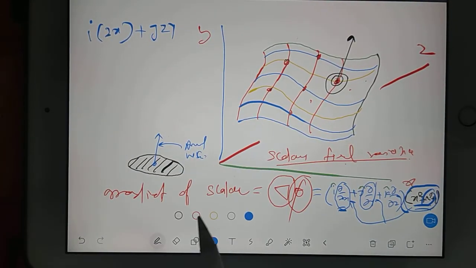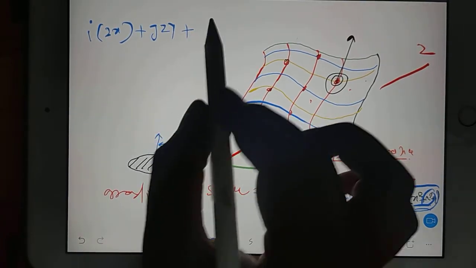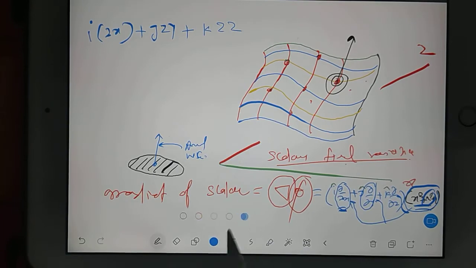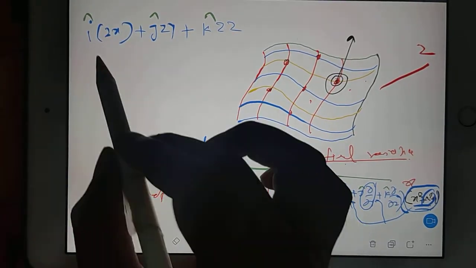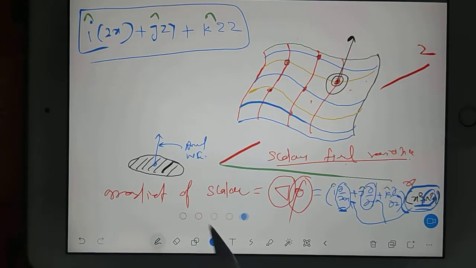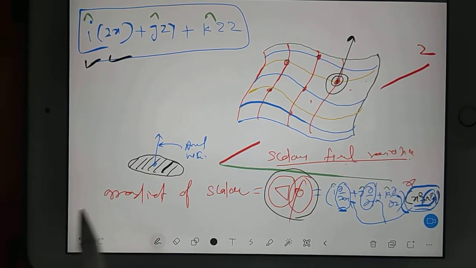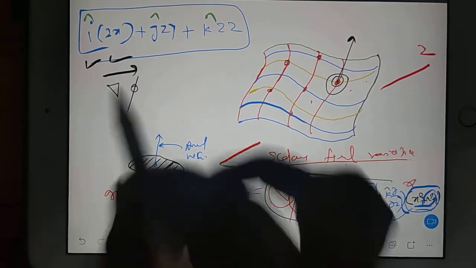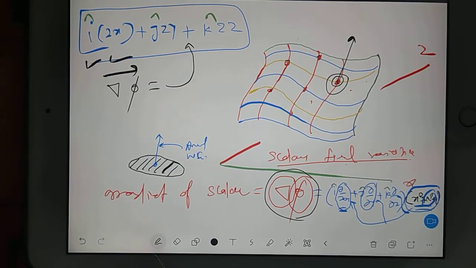In the same way you will get plus k times 2z. Now you see I got i here, j here and k here. It means the new answer you have got is representing a vector quantity. That vector quantity is nothing but this del phi, so you put a vector sign here, because now this is representing a vector quantity.